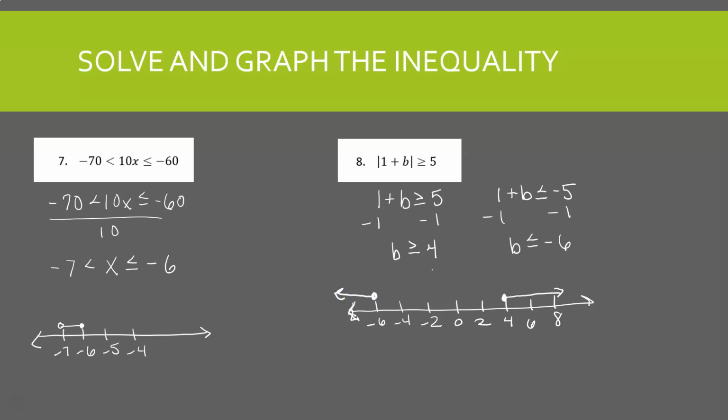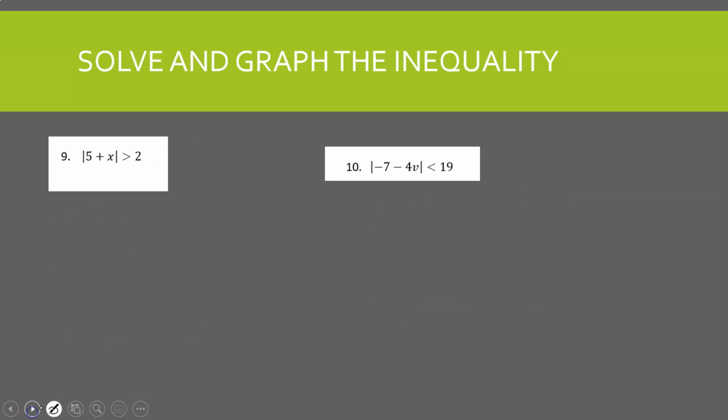Okay. All right, number 9. We have 5 plus x is greater than 2. We're going to solve it again. For the negative version, flipping the sign to less than. So I'm going to subtract 5. So I have x is greater than negative 3. I'm going to subtract 5 from this one.